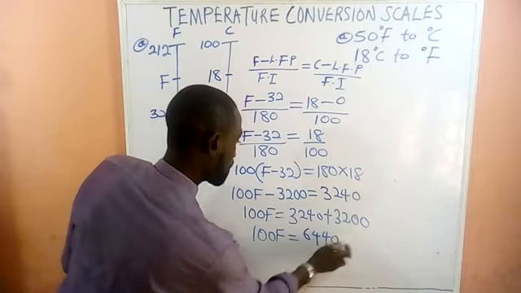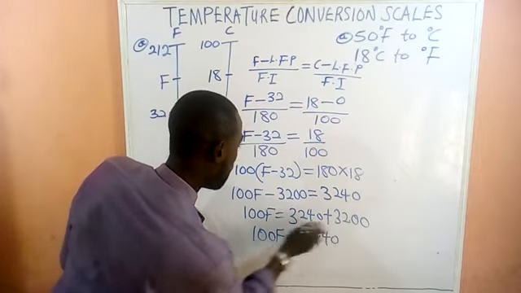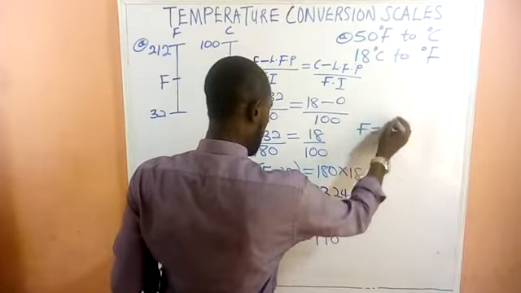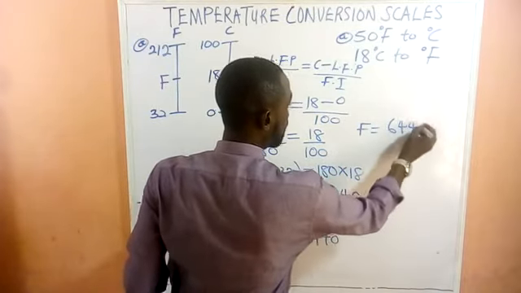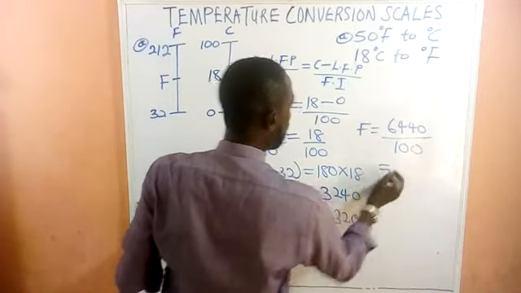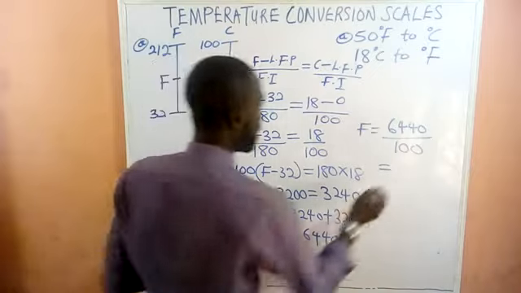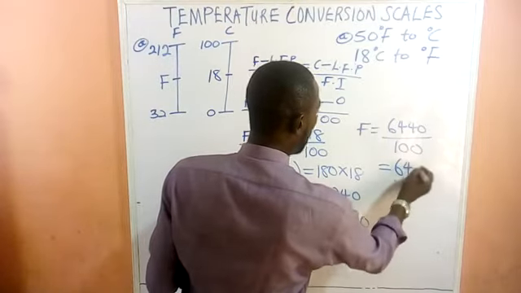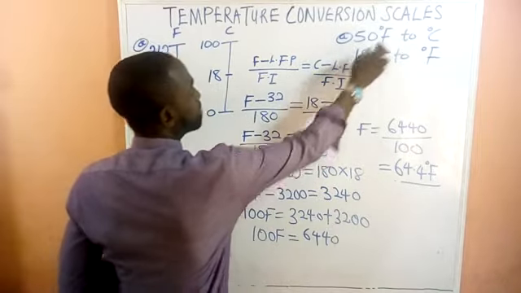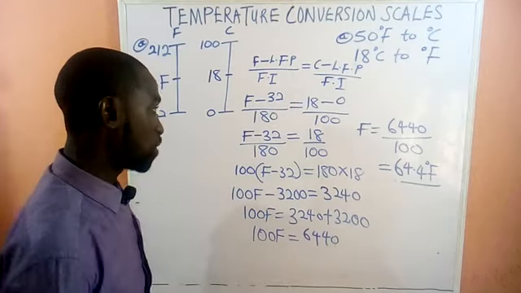So let's confirm: 0, 4, 4, and 6. So it means our F will be equal to 6440 all over 100. So here we have 6440 divided by 100, and that will give us 64.4 degrees Fahrenheit. So it means our 18 degrees Celsius is equal to 64.4 degrees Fahrenheit.